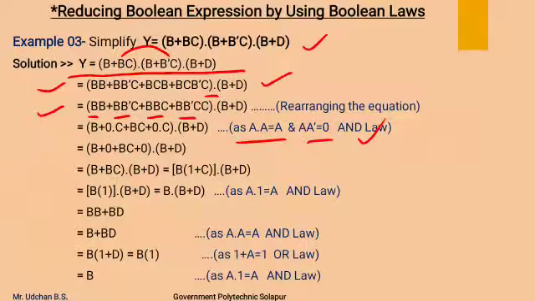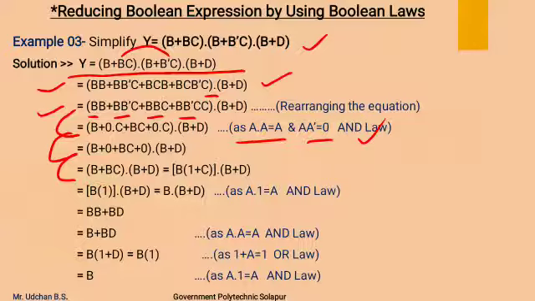So this equation gets reduced to b plus 0 into c plus bc plus 0 into c into b plus d. Multiplying the 0 with the variable, we get the next equation, and adding zeros with the variable, we get the resultant equation, that is b plus bc into b plus d.